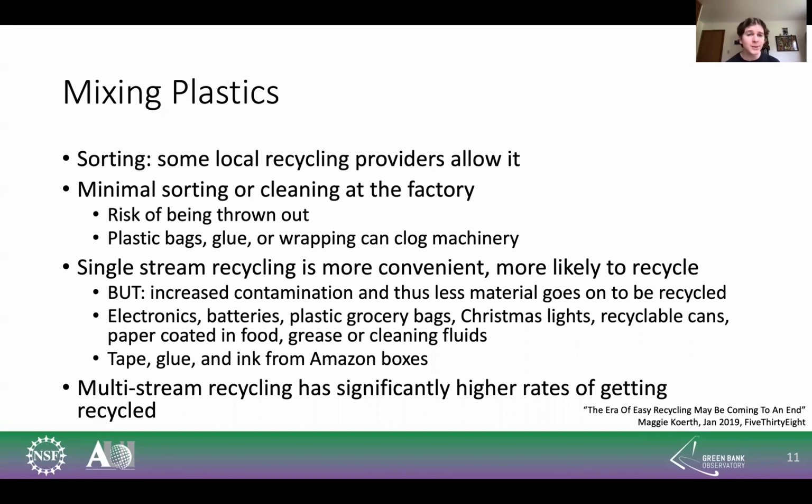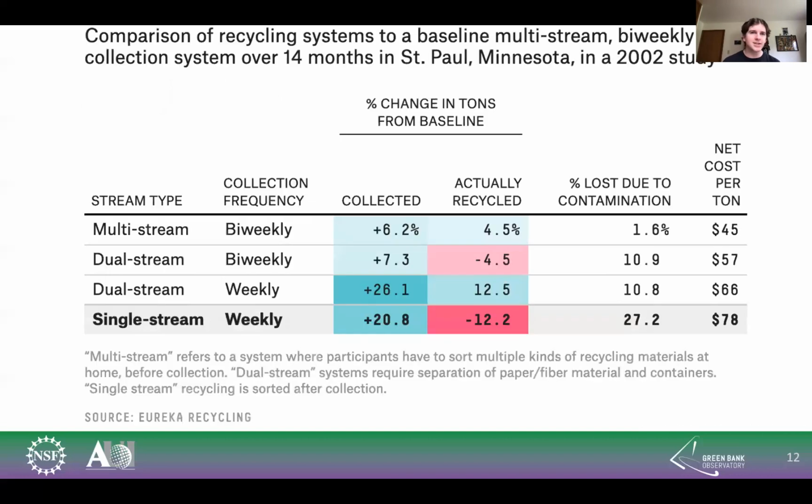Apparently, the tape, glue, and ink from Amazon boxes have also been found to contaminate recycling, at least when thrown in with other single stream products. So all of this has actually found that while you do get more recycling done, at least in terms of collection, you do actually have a reduced output of the recycling process and a higher contamination.